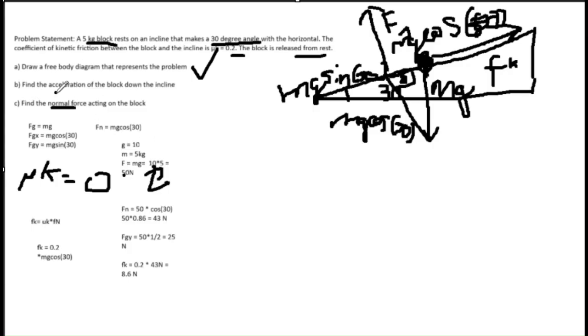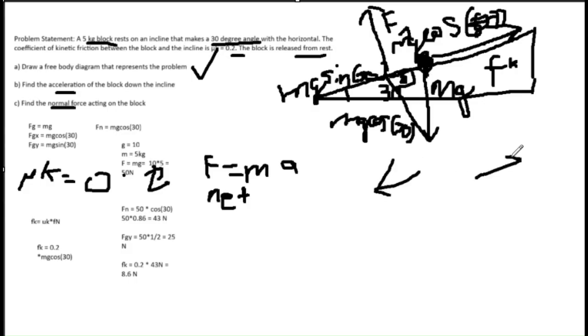So to determine the acceleration of the block, we shall use Newton's second law. F is equal to mass times acceleration. More precisely, F net, the net force, is equal to mass times acceleration. Okay, so let's determine net force. Normal force and the horizontal component of gravity cancel each other out, so what's only remaining is vertical component and frictional component, and they're both going in opposite directions, so we would subtract them from each other.